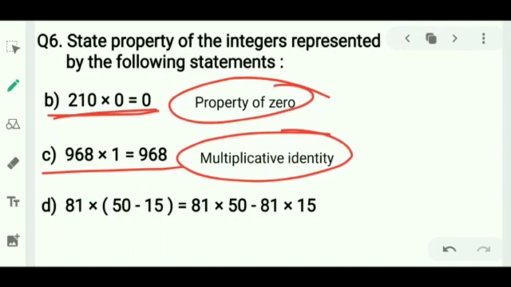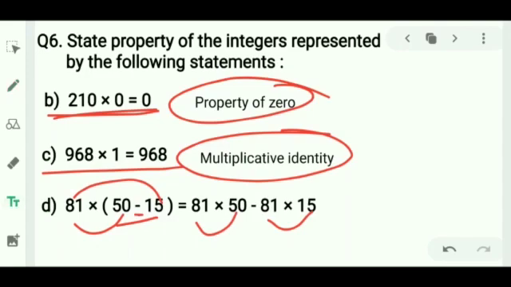Move to the next one. 81 multiplied by 50 minus 15 becomes 81 multiplied by 50 minus 81 multiplied by 15. What is the name of this property?